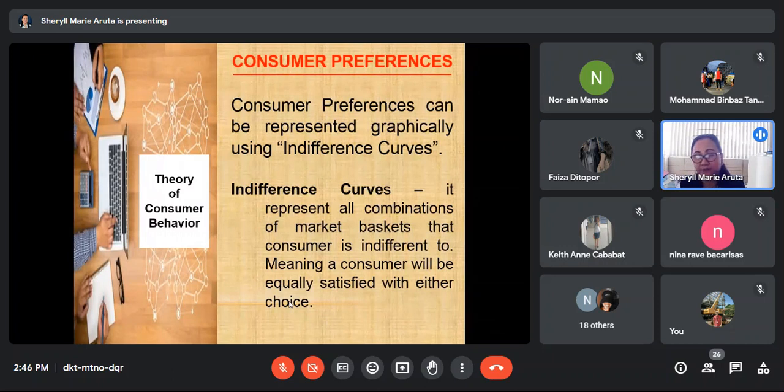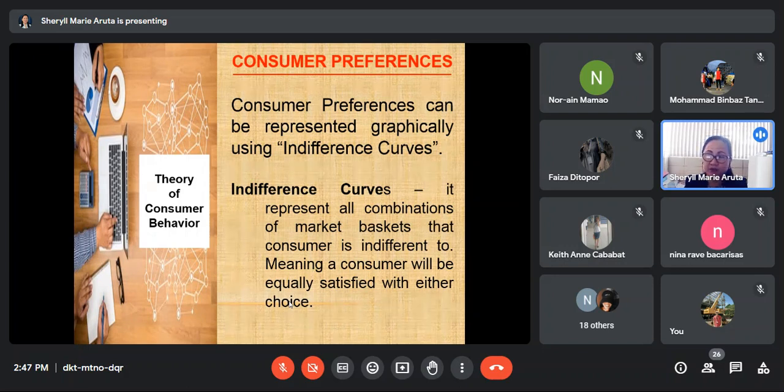Now, we have all the preferences, however, mo boils down ta into satisfaction. And satisfaction will always be dependent on the income and the price available in the market. So to represent the graphical idea of consumer preference, gitawag nato siya og indifference curve, no? We have the indifference curve. The indifference curve is a combination of market baskets that a consumer is indifferent to.